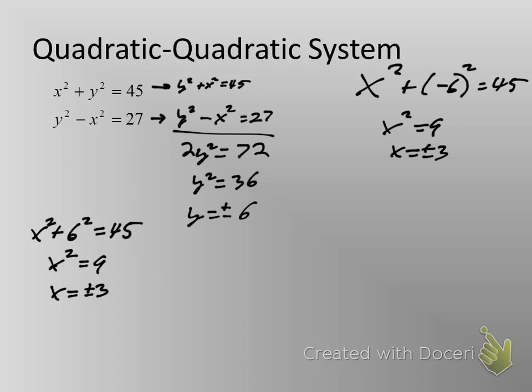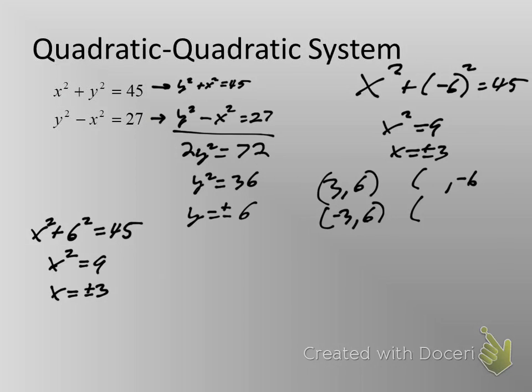Because you had 2 different y's, right? You had a y of 6 and a y of negative 6. When you plugged in your y of 6, you got 2 different x's from there, which are 3 and negative 3.